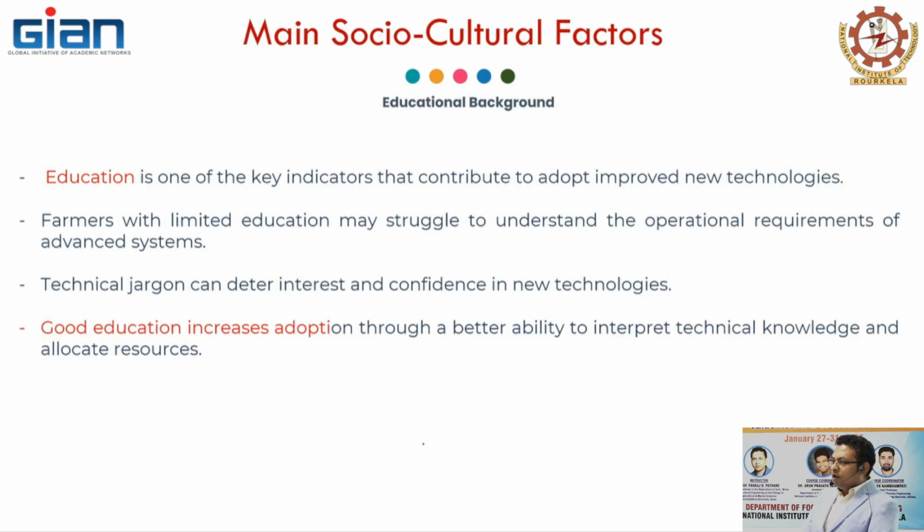Then, importantly, about education. There may be different studies looking at the agriculture side, at how the educational background creates awareness and, at the same time, how ready people are to adopt.